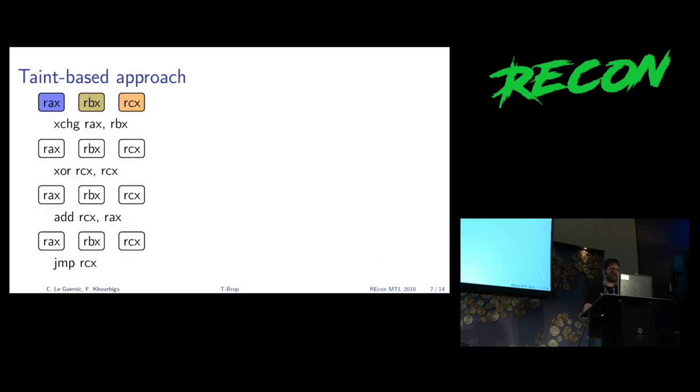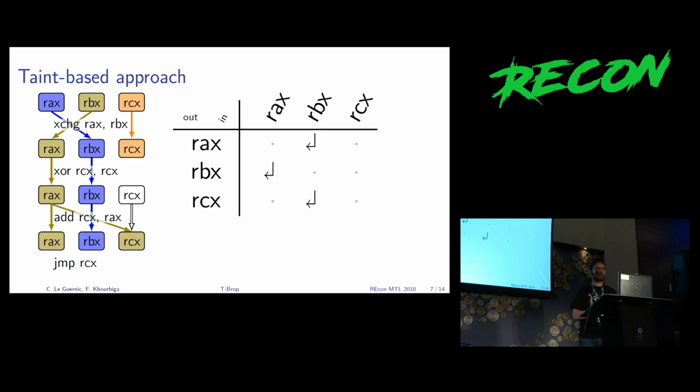So as I said before, it's a trade-off between the symbolic and syntactic approaches, and it's taint-based. So it means that, for example, if we consider these 4 instructions, the exchange swaps the taint between RAX and RBX. The XOR will remove the taint from RCX. The add RCX, RAX will propagate the taint from RAX to RCX. So this taint propagation can be represented by this array, which can be written in the following way.